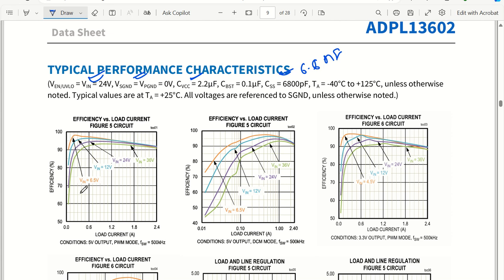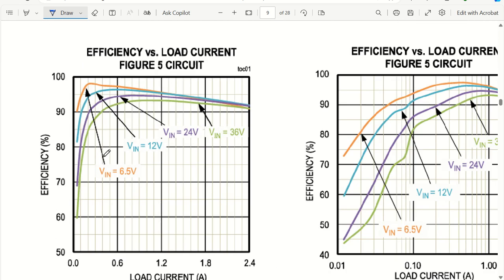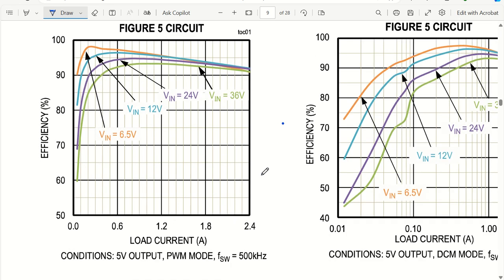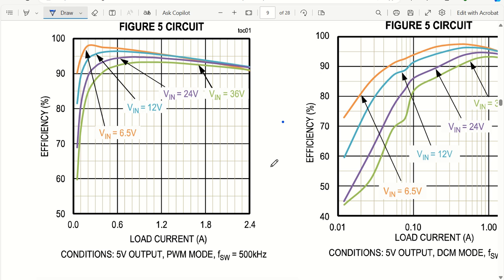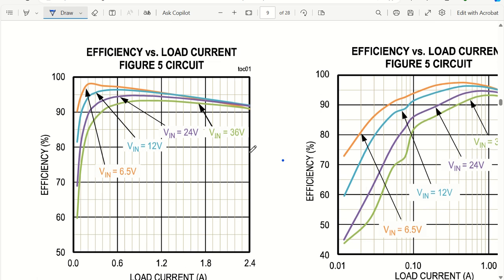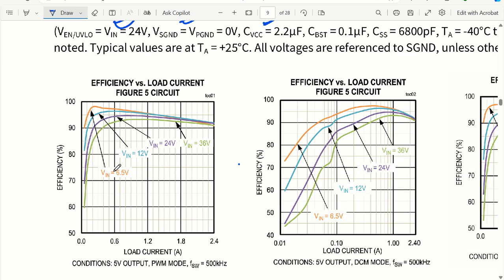So if you can see, we have a lot of efficiency curves. Let us say we have a 5 volt output in PWM mode with 500 kilohertz of operation.